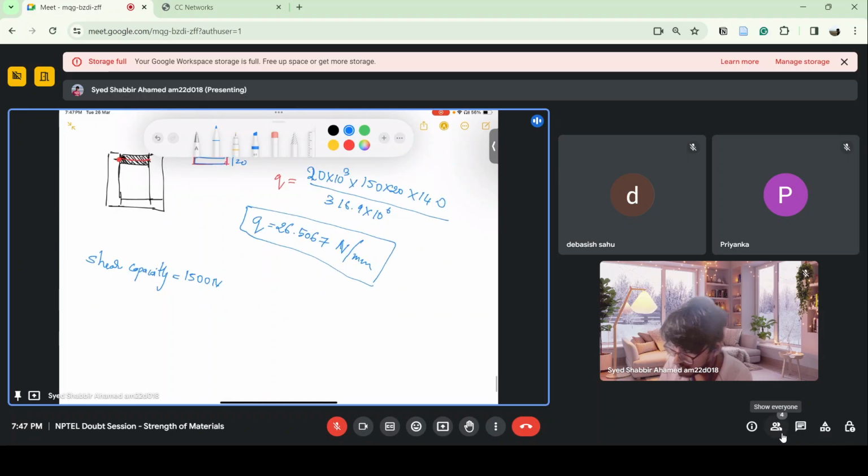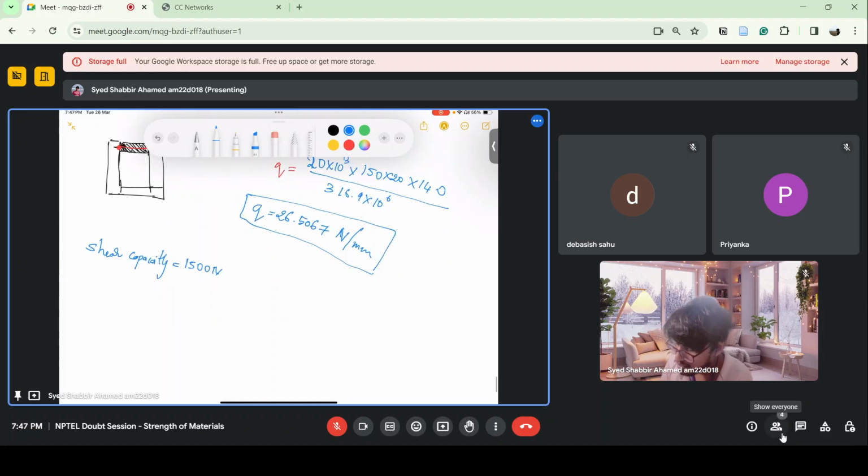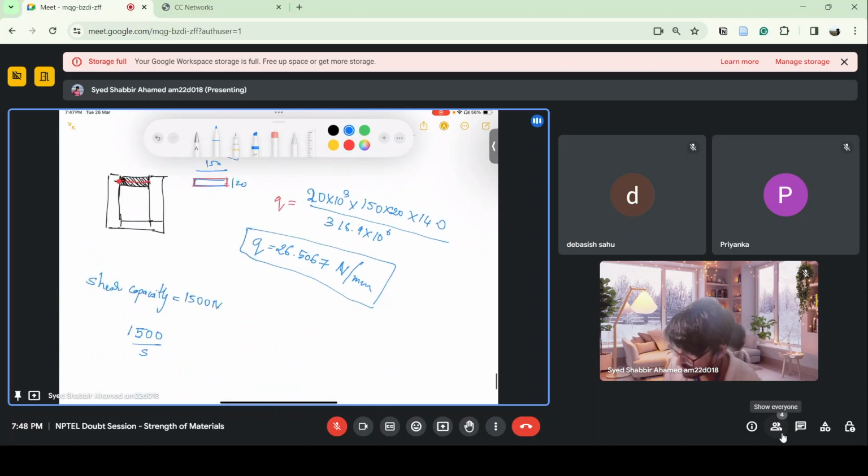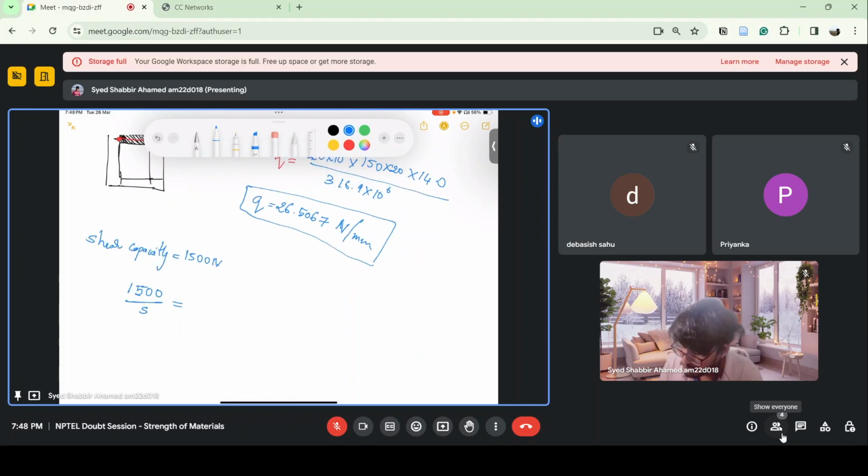So we have to make sure that this doesn't go beyond this. The shear capacity of the bolt divided by the spacing gives the permissible shear flow in the screws. It should be equal to this 26.5067.